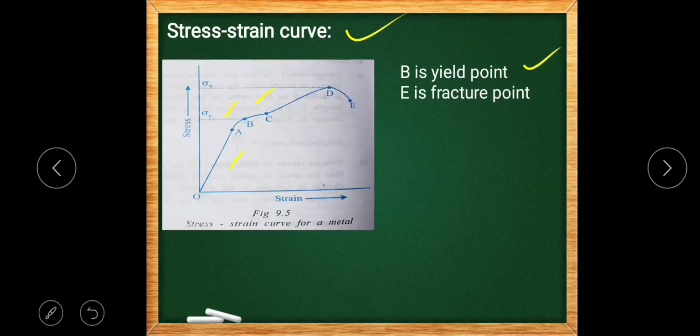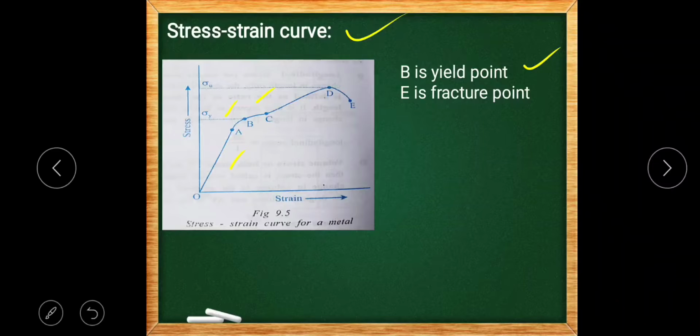So in this region the body does not regain its original shape and size. So in this region the material is said to have a permanent set. Permanent set or permanent extension means that on the removal of force the body does not regain its original length, shape or size, hence it is said to be the permanent set.